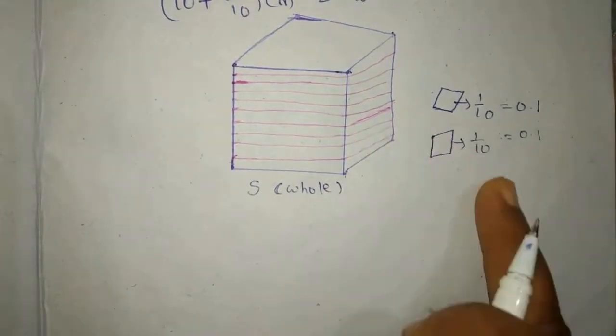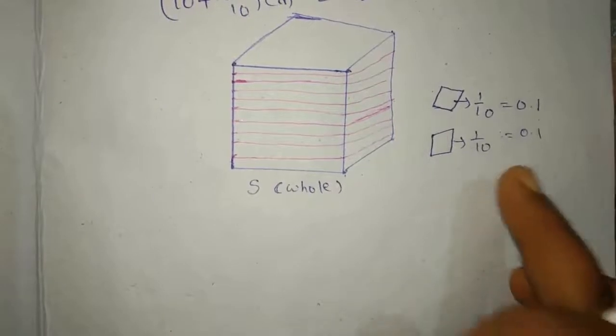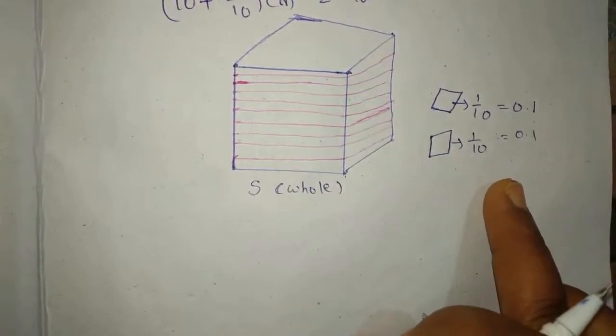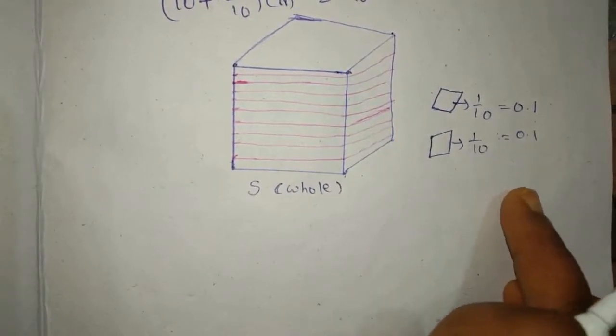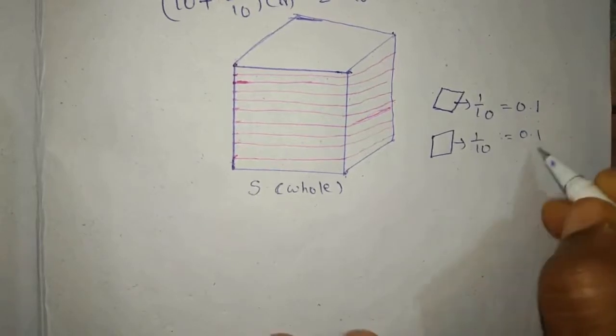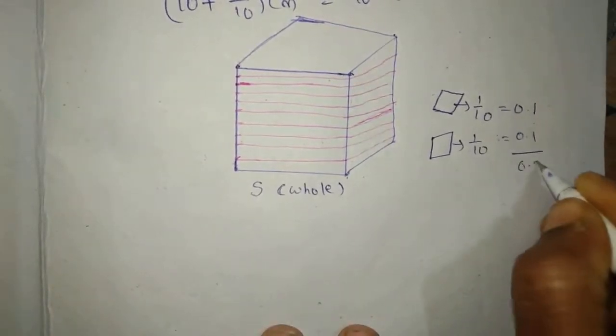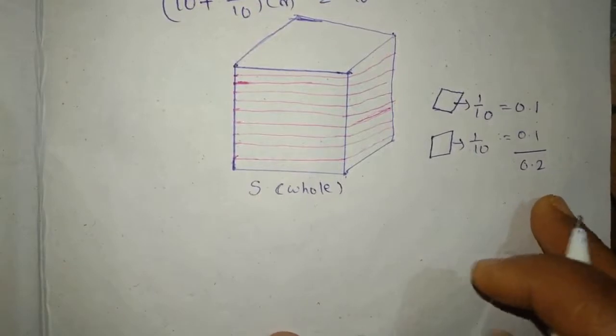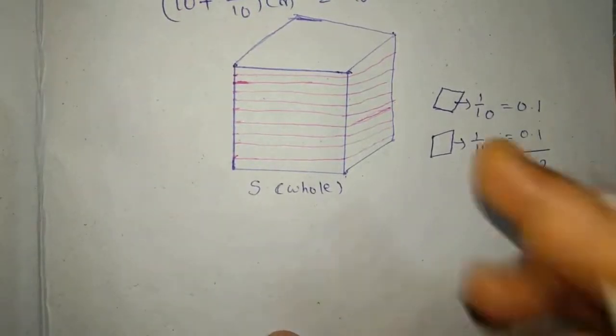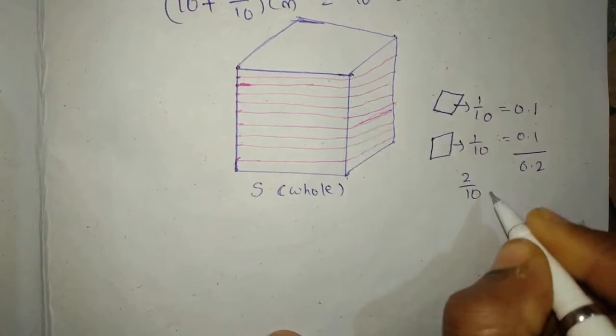We take another part. So, there are two parts. By adding these two, we get 0.2, that is 2 by 10.